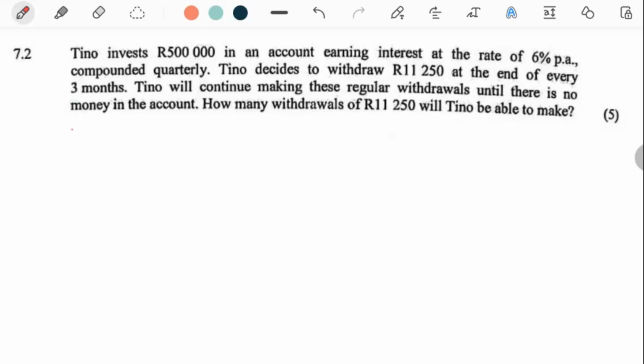However, for this type of question, you need to be careful to use the P formula, the present value annuities formula, because the P formula is the one where you are reducing this.